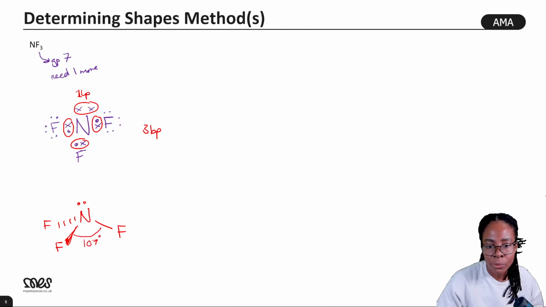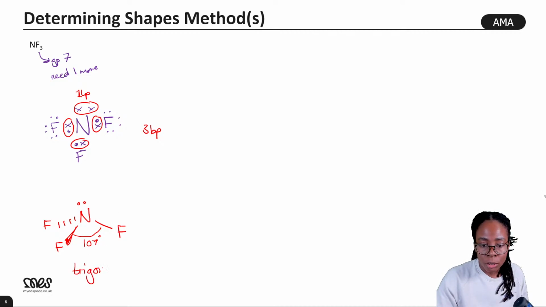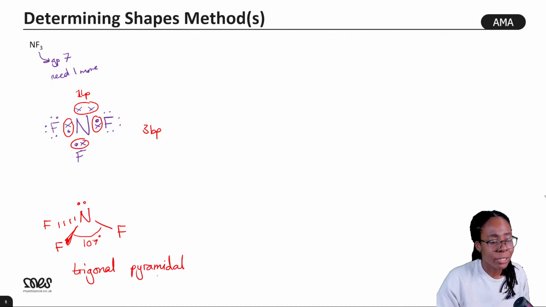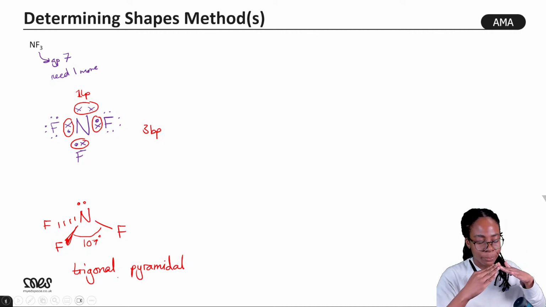And the shape name is called trigonal pyramidal, or sometimes it's just called pyramidal, depending on who you're talking to. I say pyramidal, because it's like a pyramid, right?